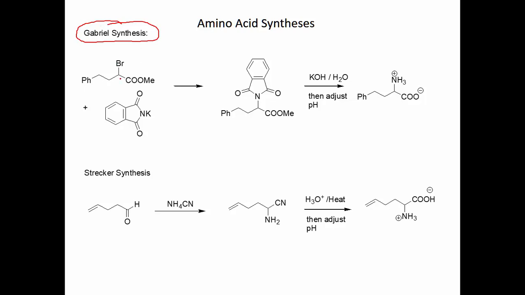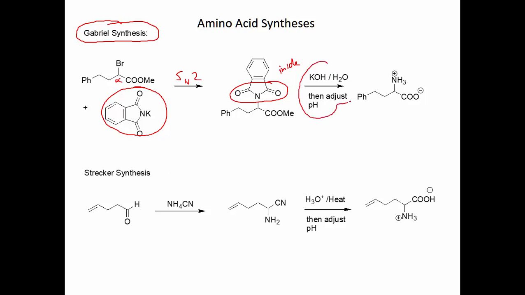We're going to take an alpha halo ester and this potassium phthalimide right here, and we're just going to do an SN2 reaction, and this is going to produce the adduct. Then we're going to take this group here, which is called an imide, and do a hydrolysis on it.